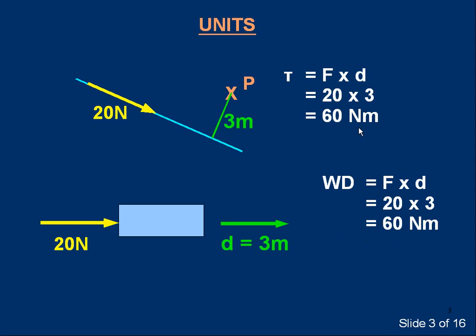Usually if you see it, it will be pretty obvious if we're talking about torque or talking about work. And usually work done or energy is given in joules. So instead of writing 60 newton meters, it would be more usual to write joules. But be aware, the newton meter has two different meanings.